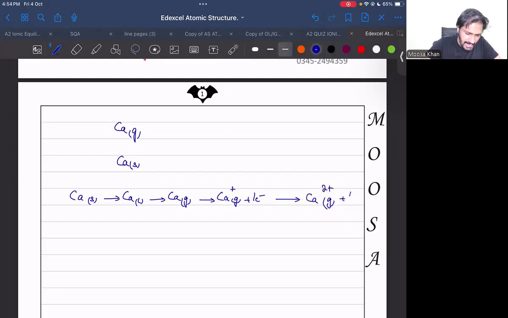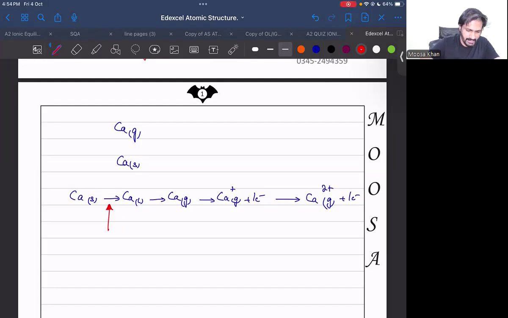Can anyone tell me what type of energy or enthalpy change is involved in converting calcium solid to calcium liquid? What are the energies involved?